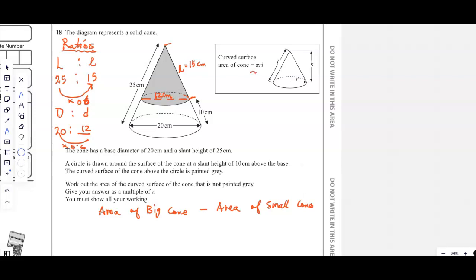We have the formula for the curved surface area, which is pi times big R times big L, minus pi times small r times small l. The diameter is 20 centimeters, so the radius, big R, would be 10 centimeters. And small r is going to be 6 centimeters.